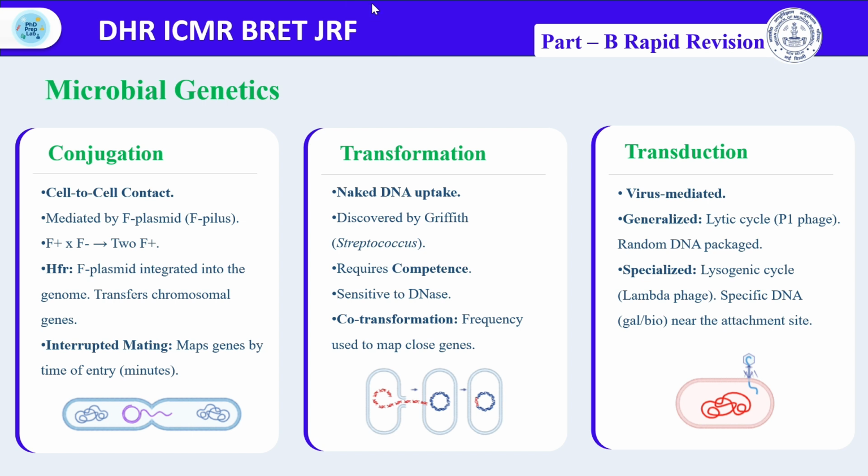Okay, the pilus forms between the two bacteria, and the DNA is usually transferred. Like that. So here you can see how it is done, right? And the F plasmid is integrated into the genome. The transfer of chromosomal genes happens, and now we have your transformation.